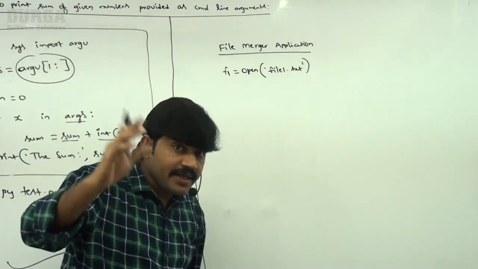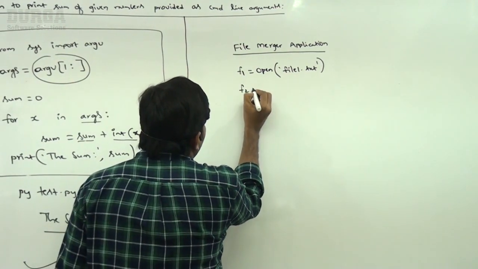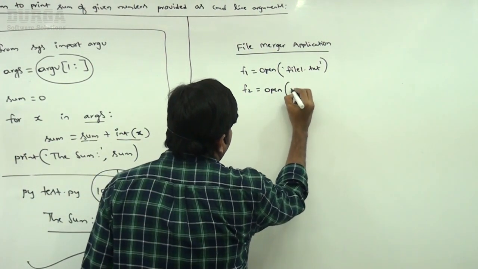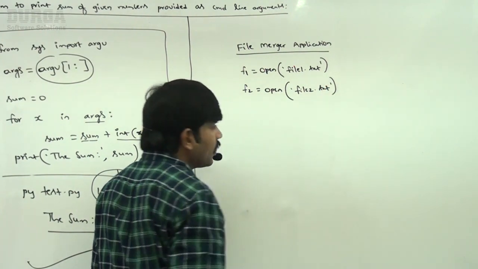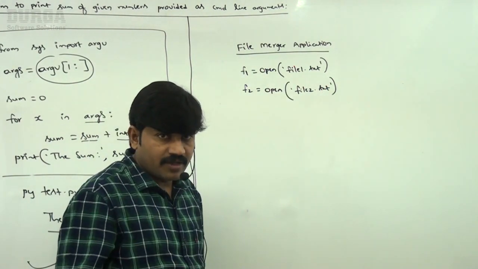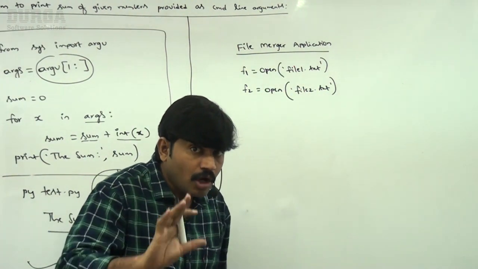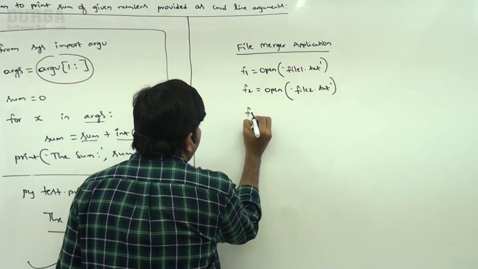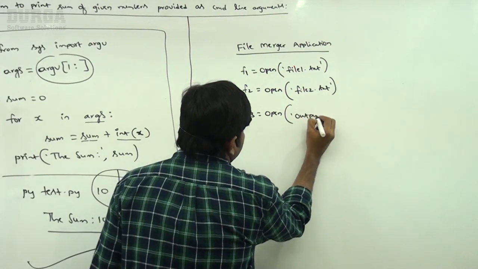Assume that file I/O I will explain in detail; this is just a basic idea of the purpose. f2 is equal to open file2.txt. Now this data I have to write to output.txt, assuming that is my requirement. Can you please open output.txt.